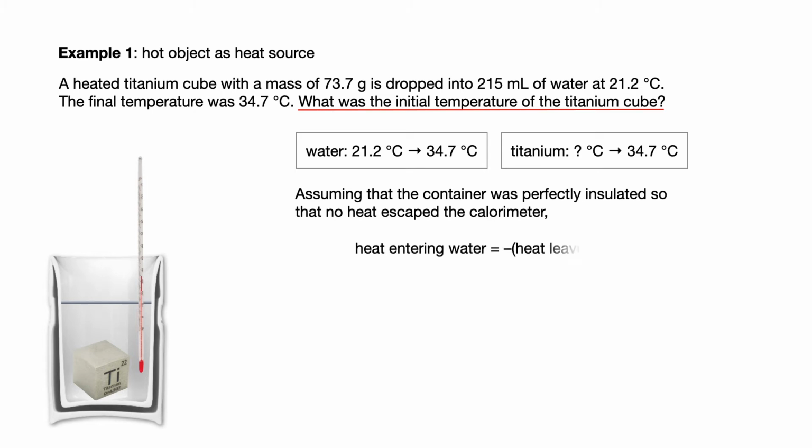And so the two heats are equal and opposite in sign, and we can calculate the amount of heat based on the specific heat of the water and the titanium.